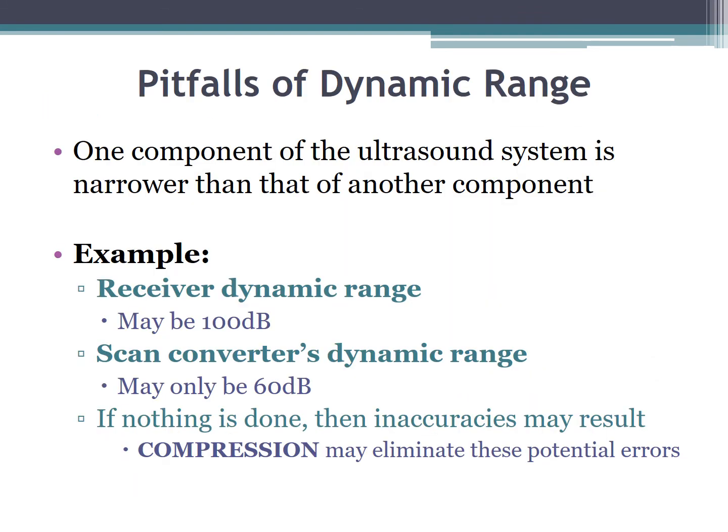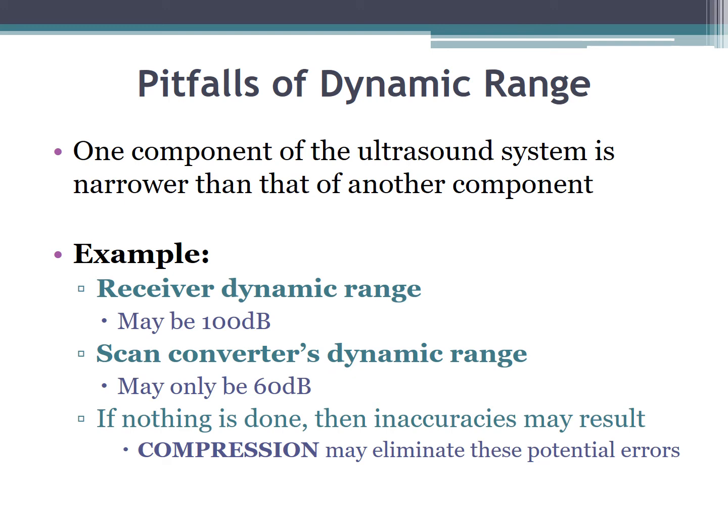The problem with dynamic range, though, is that as we move through the system, one component following the next typically has a narrower dynamic range than the one before it. For example, if the receiver dynamic range is 100 decibels, and the scan converter's dynamic range is only 60 decibels, we have to figure out how to get that information accurately compressed so the scan converter can use it without introducing any errors.